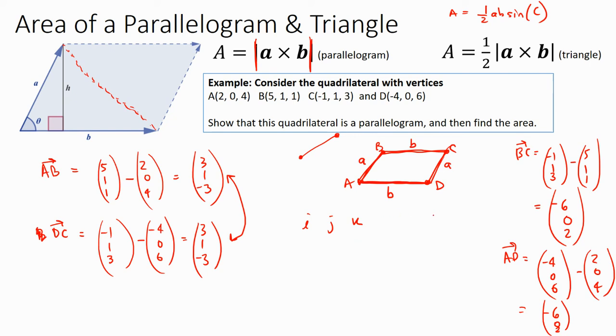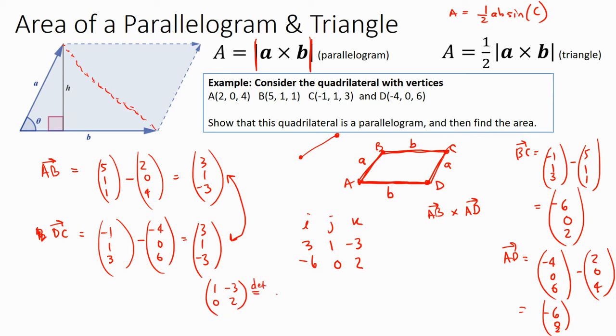So I'm going to do AB times AD. AB is 3, 1, negative 3. Now we have to write them out as a unit vector. And then AD is negative 6, 0, 2. Now when we ignore the i column, we're left with 1, negative 3, 0, 2. So we want the determinant of that.